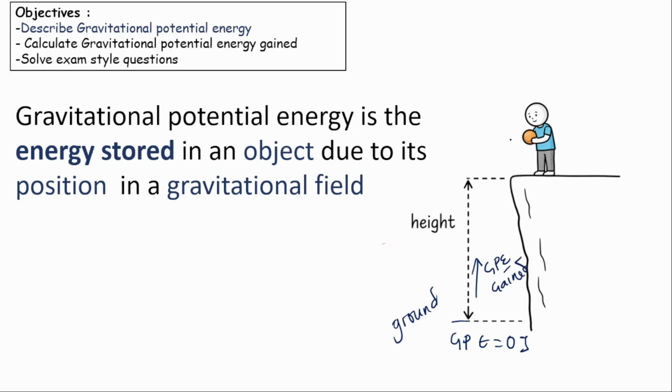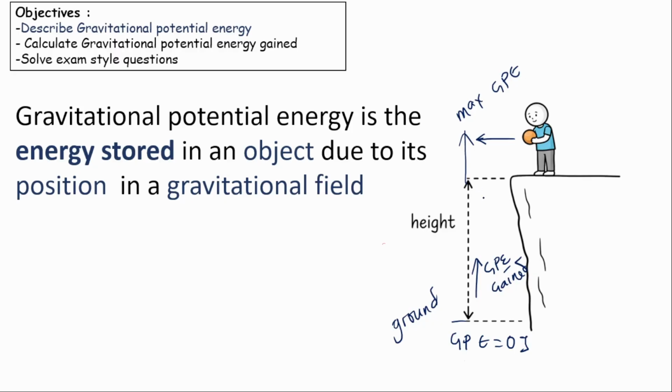So here, at the top of the cliff, the ball has maximum gravitational potential energy because of its height. The key idea is gravitational energy increases as the height of an object increases.